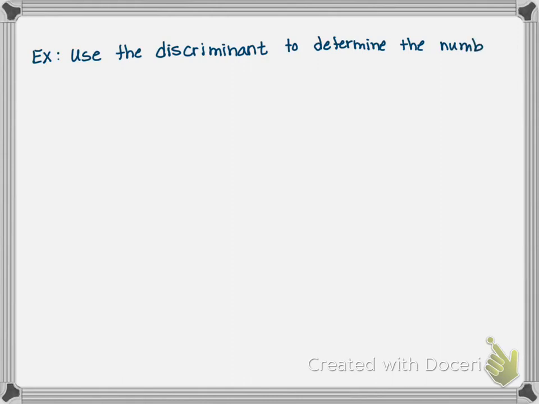So an example of something you'll see as far as a problem is: use the discriminant to determine the number of x-intercepts.